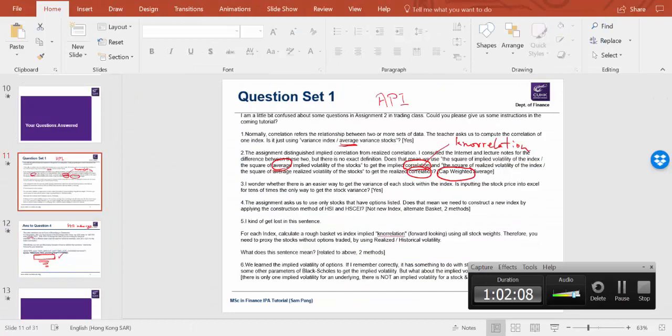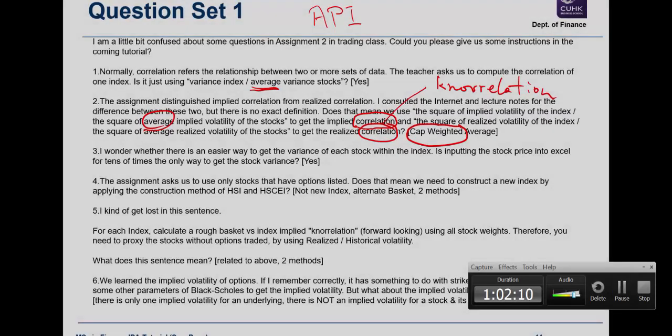Now let me try and tackle all these questions. So we've done number one. We've done number two. Number three is easy. The assignment asks to use only stocks that have options listed. Does that mean we need to construct a new index by applying the construction methods?